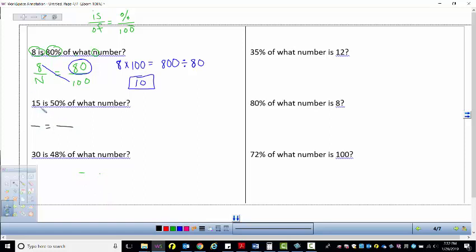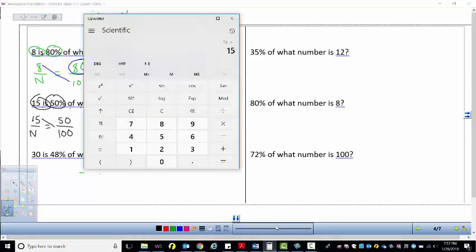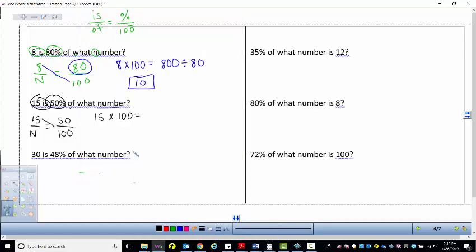So it says 15 is, that's the is, 50%, that's the percent, of what number? We don't know the of number, so we put an N for the of number. And on the bottom of the percent is always 100 because percent means per 100. Okay, and then we are going to do some multiplying. So 15 times 100 is 1,500.